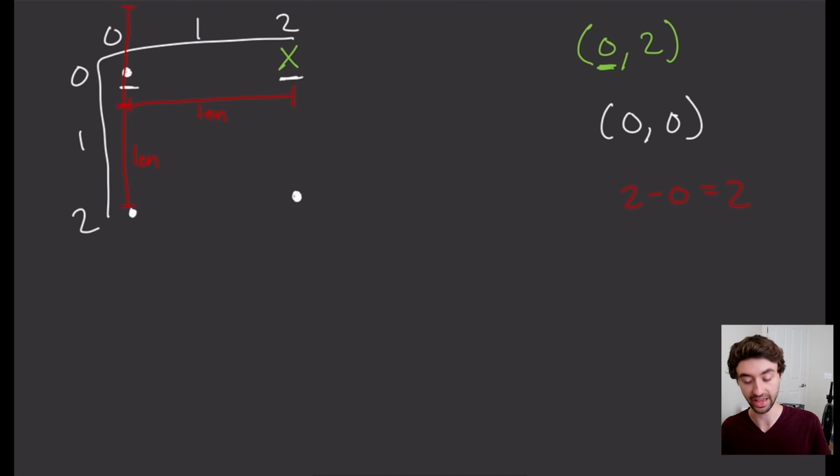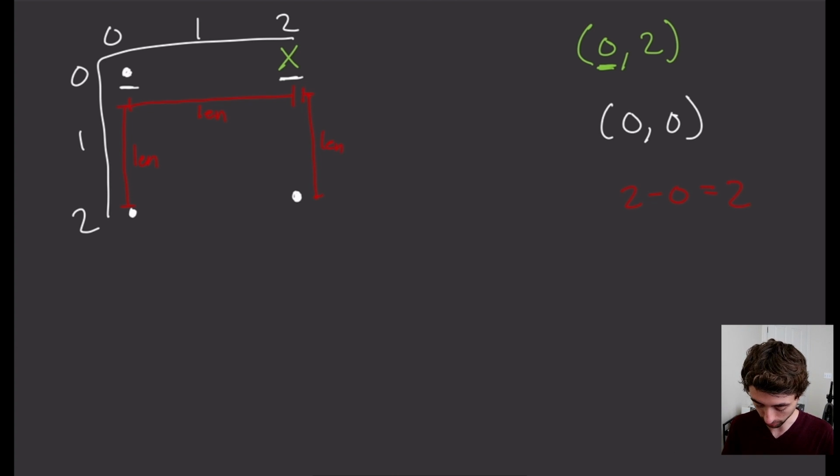Obviously, length away up is going off the end of the grid, so that's not going to work here, so we don't have to consider that one. But we have to check below the point, the distance length, and then we can do the same thing over here.